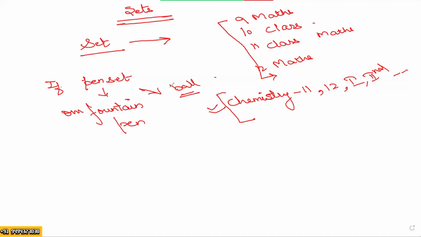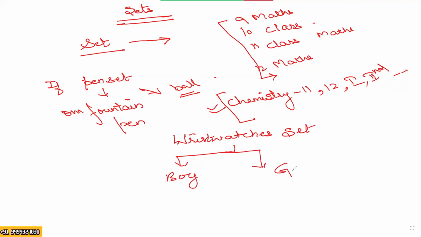Or if you are seeing wrist watches, in a wrist watch set, there is one watch for boy and one for girl. So these are the sets only. Clear this thing? Yes, ma'am.